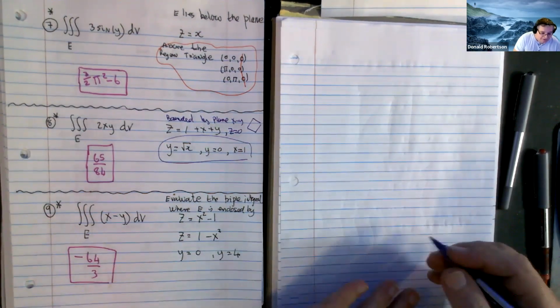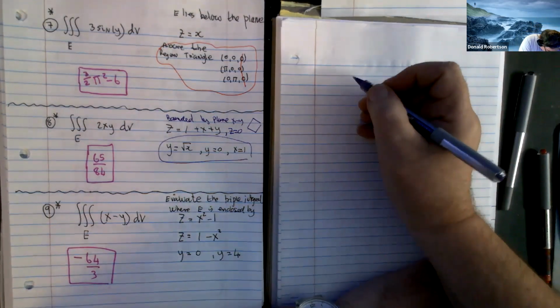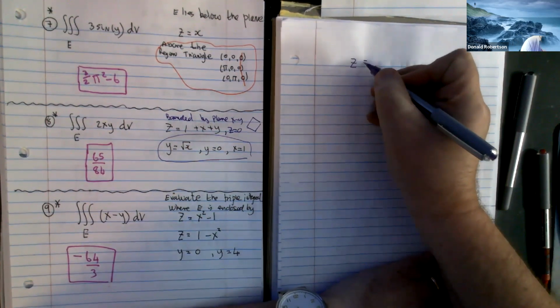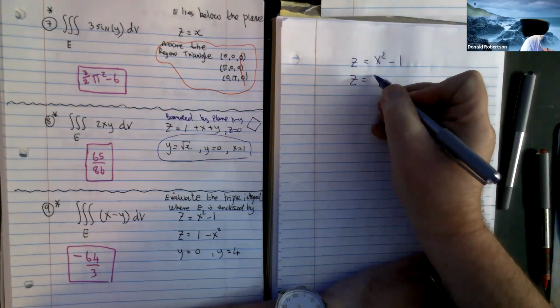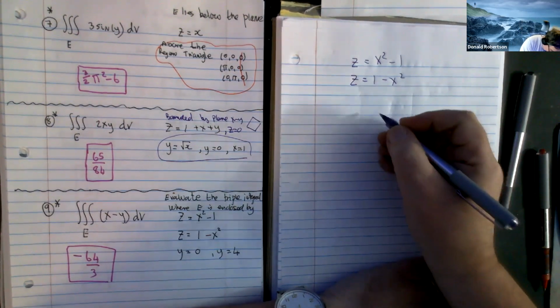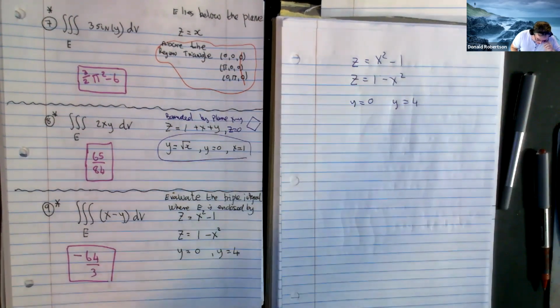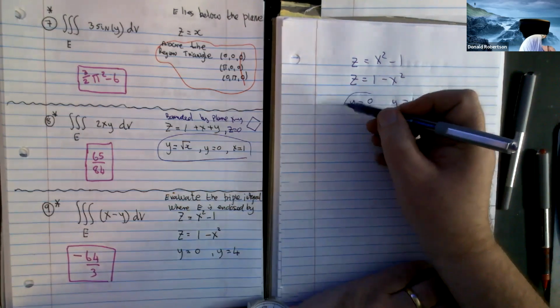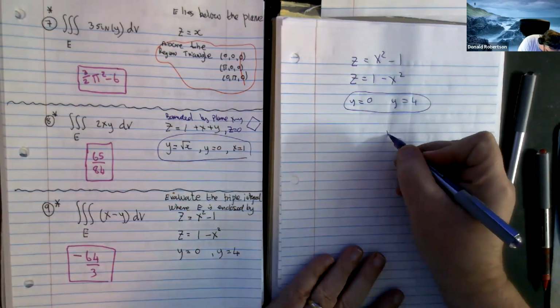This one, and they're getting progressively uglier, is the region E described like this. I guess I'm just writing everything again. Now, when I look at this, I already know a start and finish for the y, so that was a freebie.